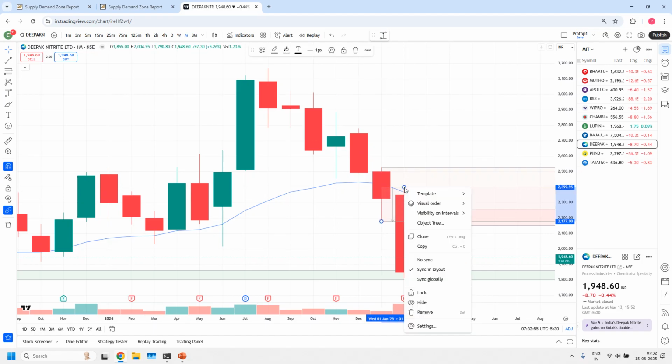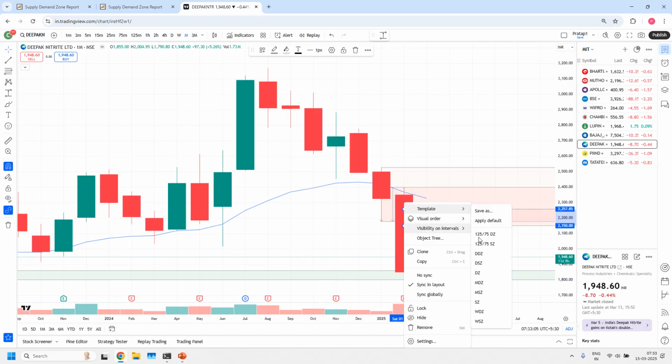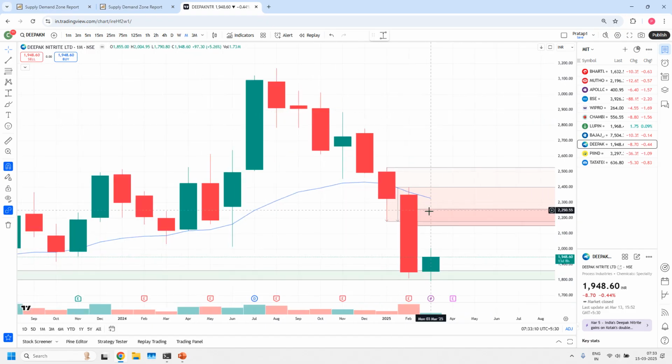But here color thickness slightly adjust. This is a weekly supply zone, and here daily supply zone. See, this is the daily zone, this is the weekly zone, and this is the monthly zone. All three are overlapped with each other.